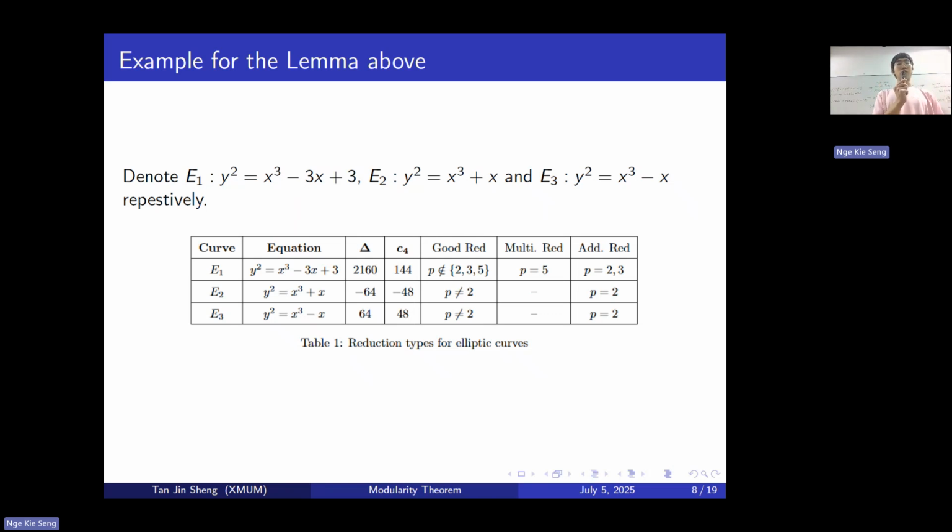And as we can see, E1 has a good reduction if P is not equal to 2, 3, 5. And it has a multiplicative reduction if P equals 5. Additive reduction if P equals 2 and 3. The next two curves follow by the lemma we got before. It's just some calculation. So we go to the next part.